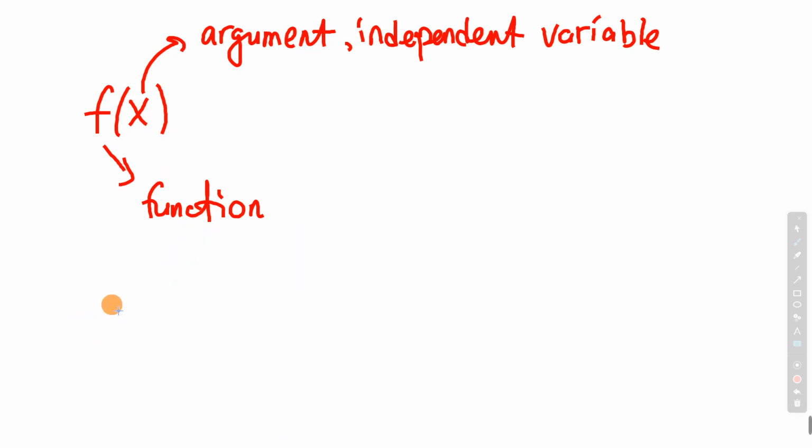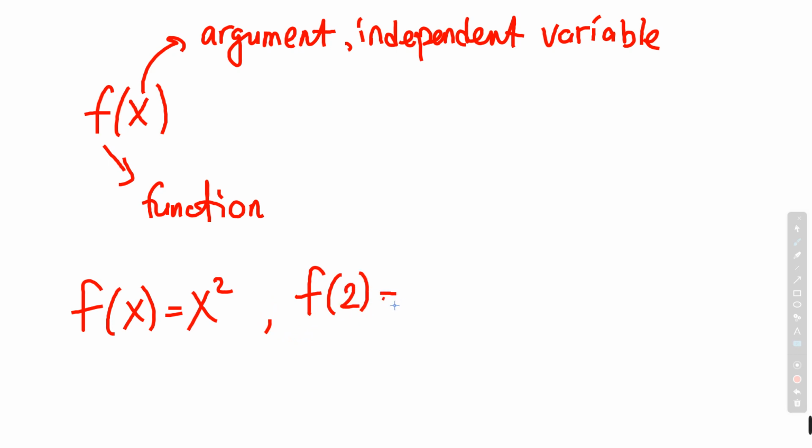For example, let's define a function in this way. F of x is equal to x squared, right? If you know such a relationship, then you can easily compute f of 2. F of 2 is equal to what? 2 squared, and that is equal to 4.